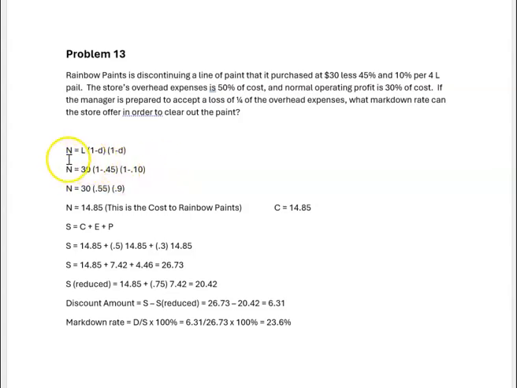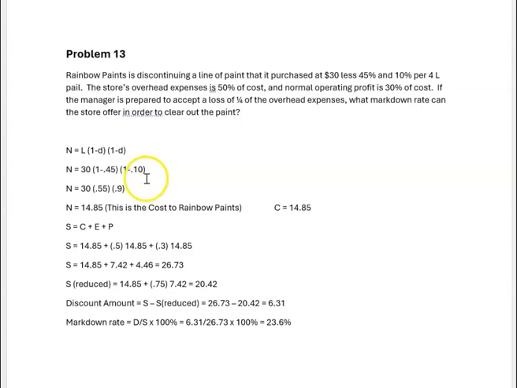So we know that the net price is equal to the list price multiplied by 1 minus the discount. And if there are 2 discounts or 3 discounts, it's 1 minus the discount and 1 minus the discount. So that gives us the net price equals 30, which is the list price, multiplied by 1 minus 45%, and multiplied by 1 minus 10%.